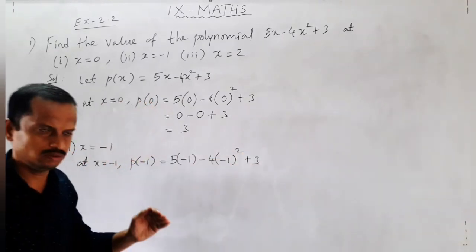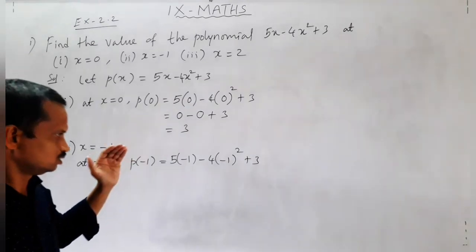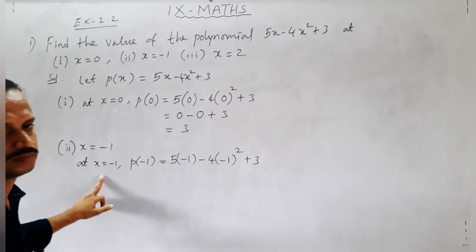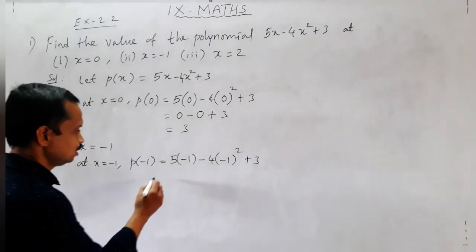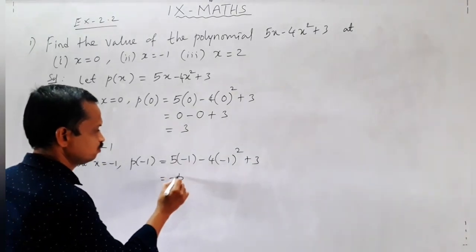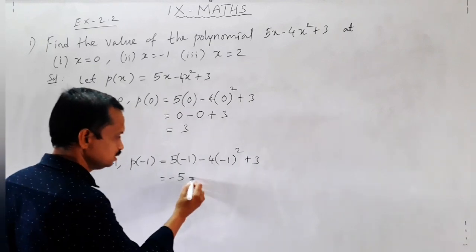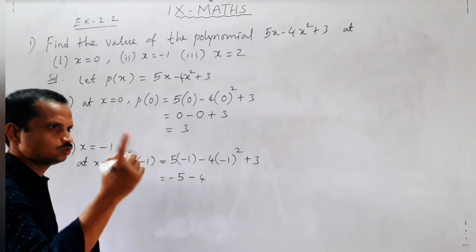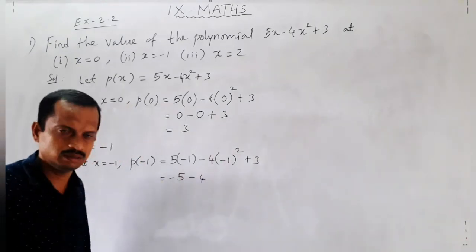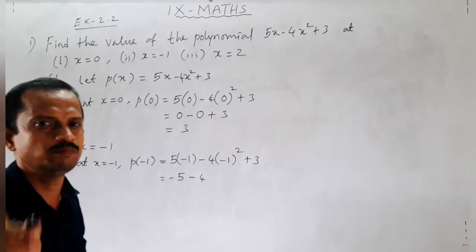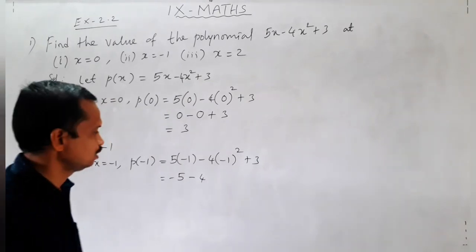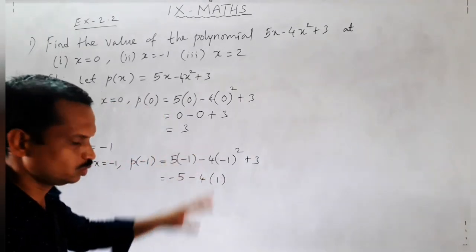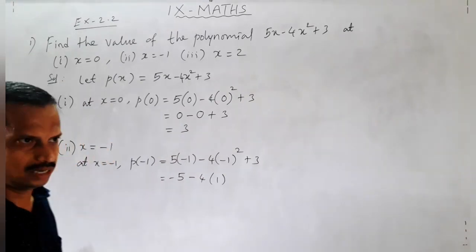We are doing a simple thing, just substitute the given value for x. 5 into minus 1 is minus 5, minus 4 into minus 1 whole square. Minus 1 whole square, that means minus 1 into minus 1, we get plus 1. Minus 1 whole square is nothing but 1.